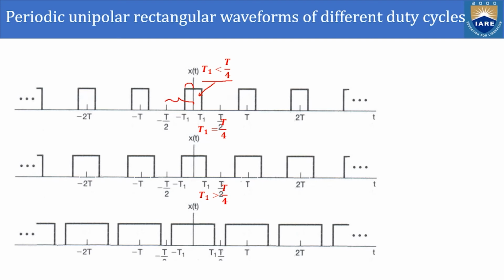Where is T by 4 here? Let me take this. What is one cycle here? This is one cycle. One cycle means T. This is T. What is T by 2? This is T by 2.